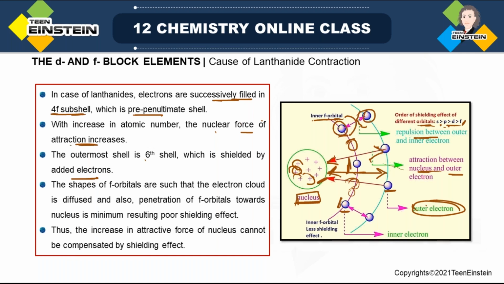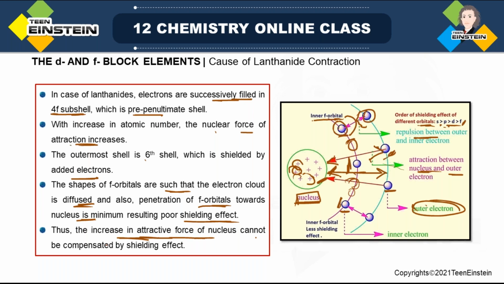The shape of f orbitals is such that the electron cloud is diffused, and also penetration of f orbital towards the nucleus is minimum, and that is why there is poor shielding effect. And as they cannot shield the outermost electrons properly, there will be an increase in the attractive force of the nucleus on this outermost electron. So the increase in attractive force of the nucleus will be winning.